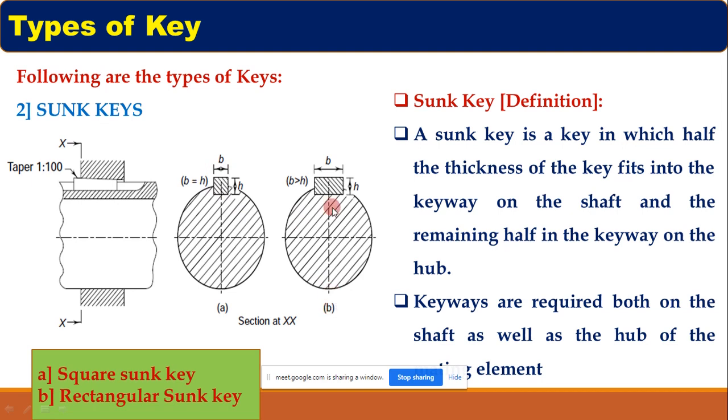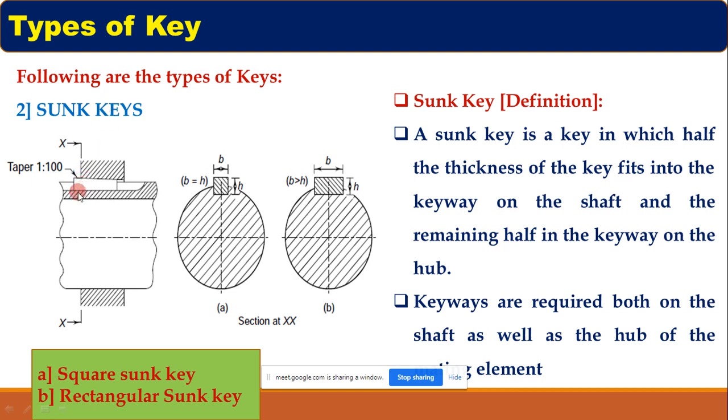In the second diagram the height is H and the width is B, but the width B is a little greater than the height, so B is greater than H. These are the two subtypes of sunk key: first the square sunk key, having a square cross section where B is equal to H, and second the rectangular sunk key, where B is greater than H.